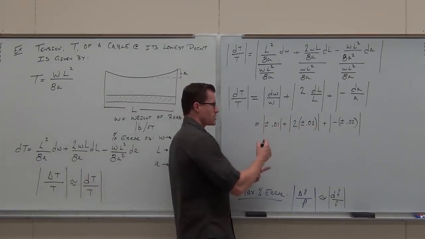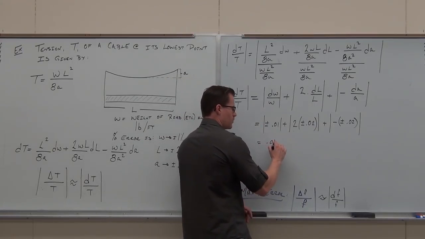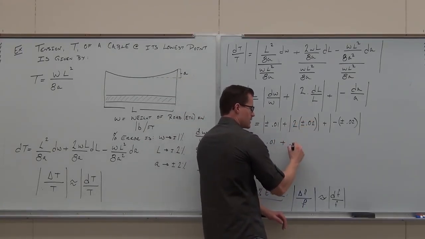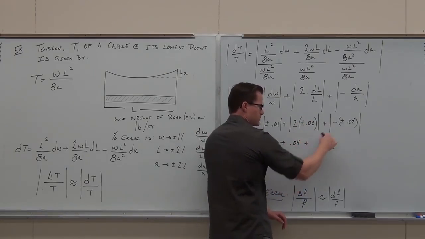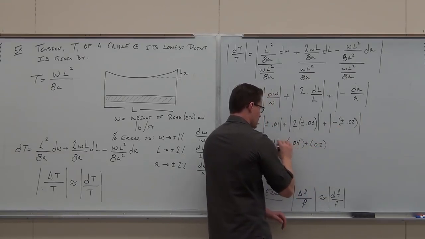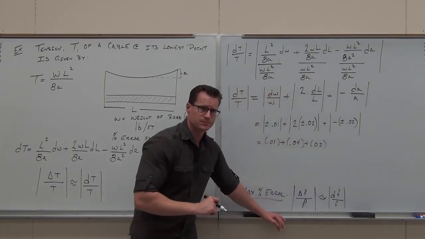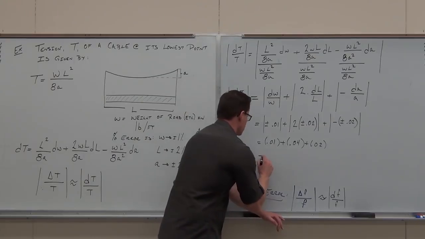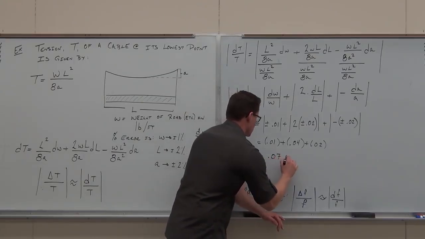But yeah, the maximum error here is 0.01. Maximum error here could be 2 times either one of these. Absolute value, that's 0.04 plus, well, that's positive, another 0.02. How much altogether? 7%, 0.07.